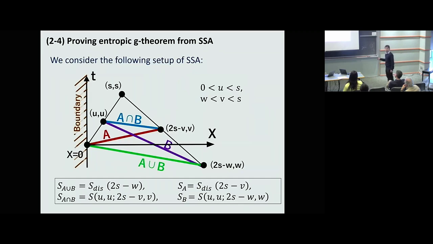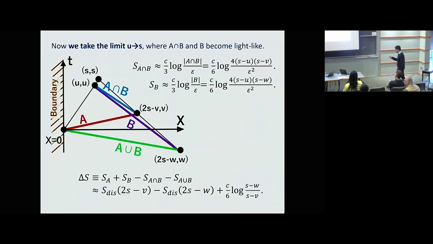But to simplify the calculation, first we take a light-like limit where U gets very close to S. Then this subsystem B and A cap B become light-like, very close to light-like. Then we can use the previous fact to simplify, and we can basically predict the form of the entanglement entropy, and that gives this kind of result.